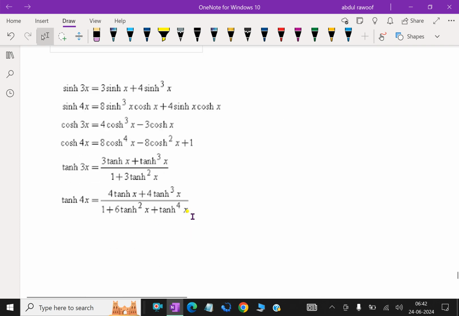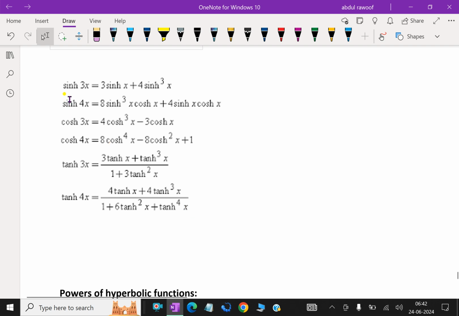Multiple angle formulas. Sinh 3x equals 3 sinh x plus 4 sinh cube x. Like sinh 4x, we can use it as sinh of 3x plus x, or sinh of 2x plus 2x, and this is the expression for sinh 4x.